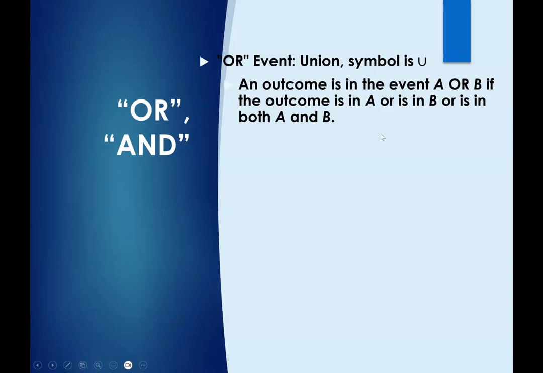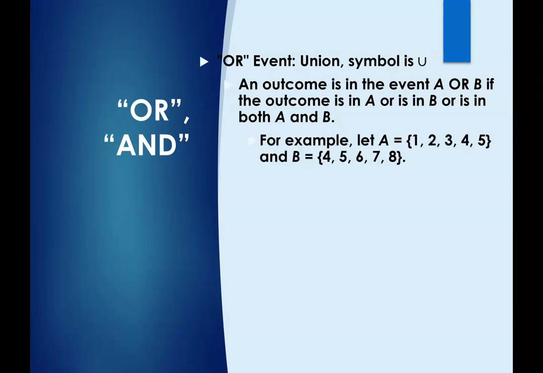An outcome is in the event A or B if the outcome is in A or it's in B, or it's in both A and B. So sometimes we won't have any kind of intersection at all, and that would just be 0. But if we do have an intersection, we don't want to count it twice, so we would need to subtract that off.